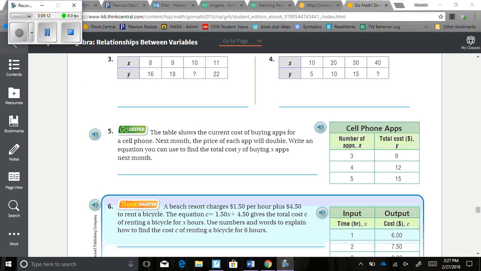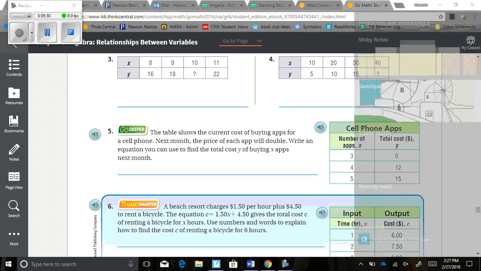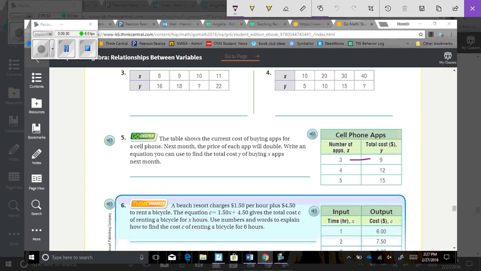And let's go ahead and look at this Go Deeper. The table shows the current cost of buying apps for a cell phone. Next month, the price of each app will double. Write an equation you can use to find the total cost y of buying x apps next month. So right now, to get from 3 to 9, they multiplied by 3. To get from 4 to 12, multiplied by 3. 5 to 15, multiplied by 3.